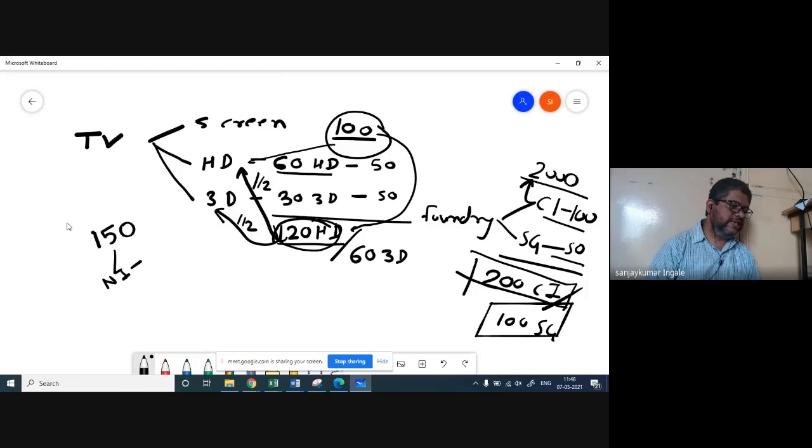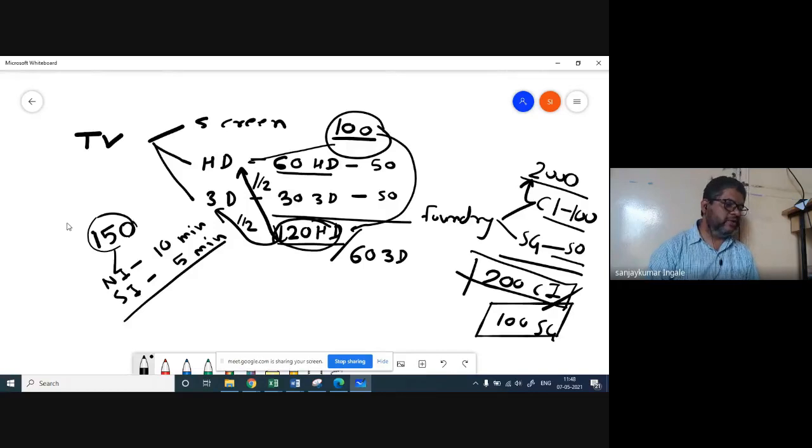One North Indian dish may require around 10 minutes, and South Indian dishes may require 5 minutes. So in total we have 150 minutes, and either we can produce 15 North Indian dishes, or 30 South Indian dishes.